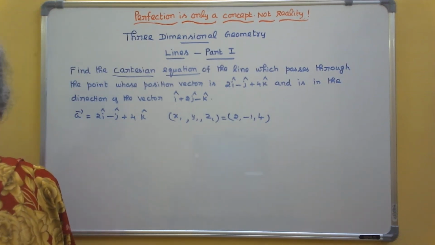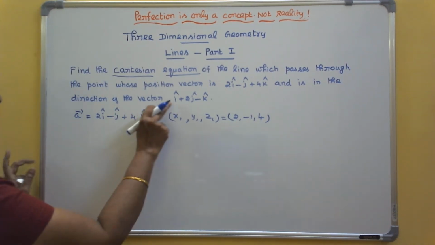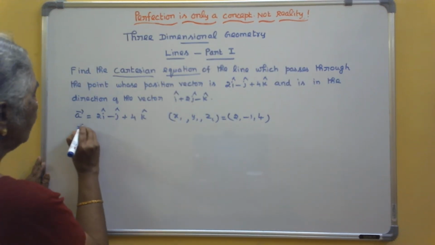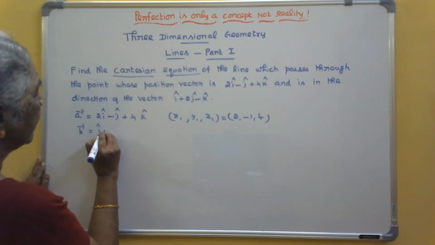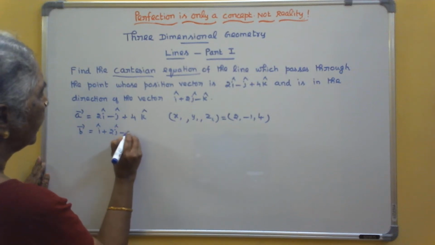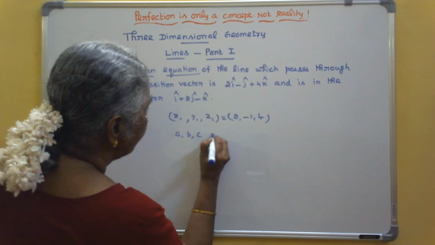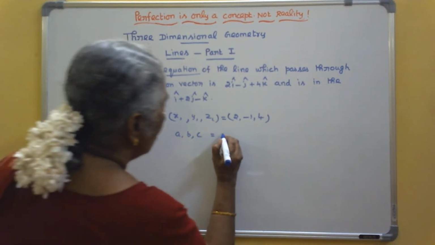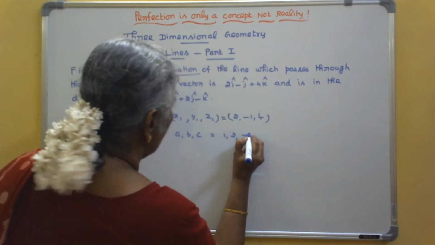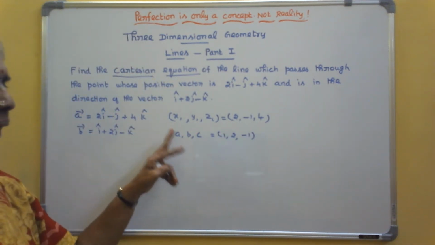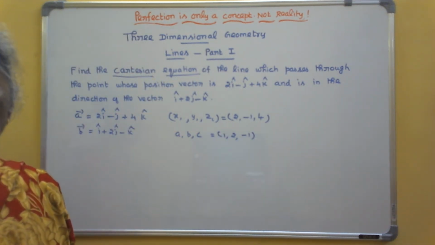Because I want the Cartesian equation. Then this is the parallel vector or in the direction of the vector. So that will be the B vector, that is i cap plus 2j cap minus k cap. That means a, b, c will be equal to 1, 2, minus 1, right? So you know the point, you know the direction ratios.